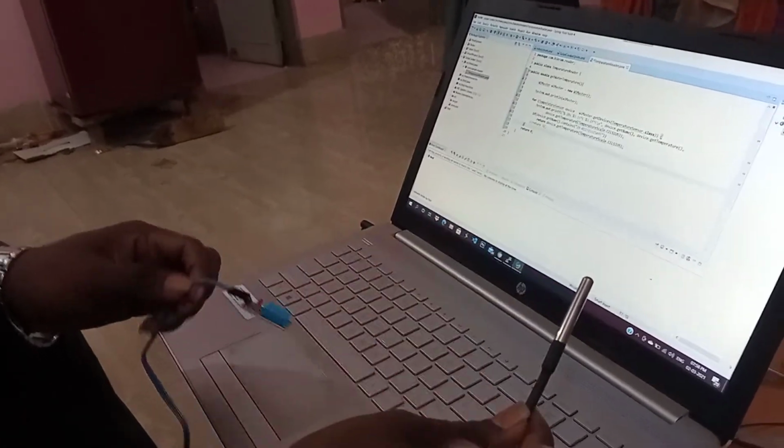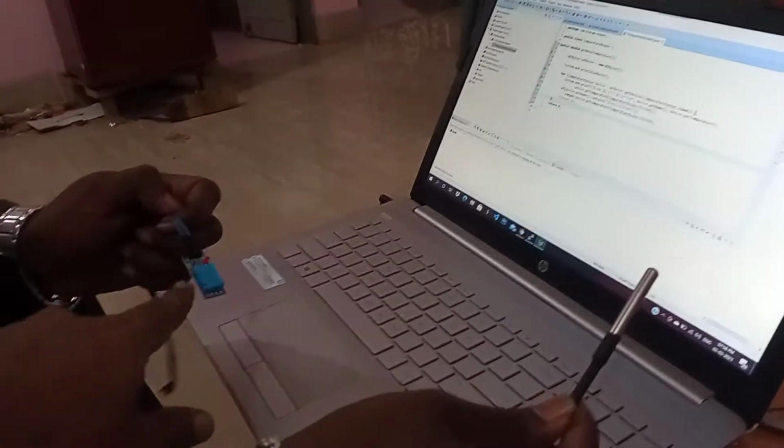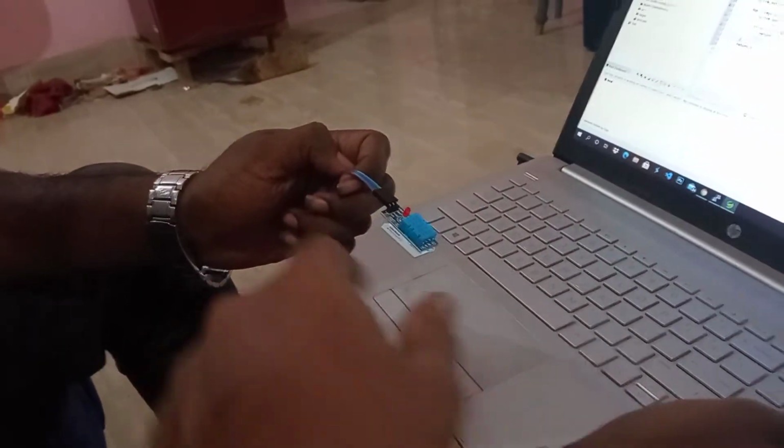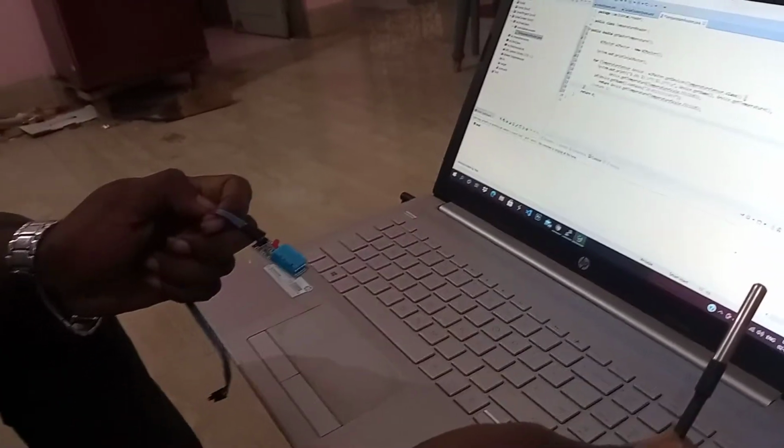What is the difference between these two? Basically, we got it because it has a higher temperature value, but we were not aware of that value. The problem that happened was that this one had an electronic circuit and this did not. So how did we solve that? We brought a 4.7K resistor and connected the VCC with the data port line.